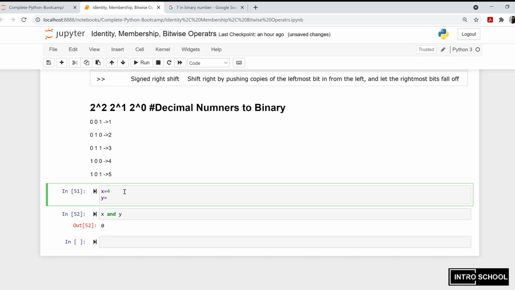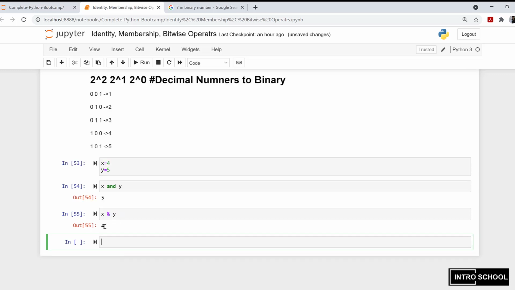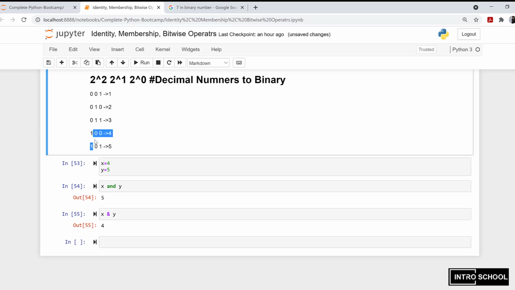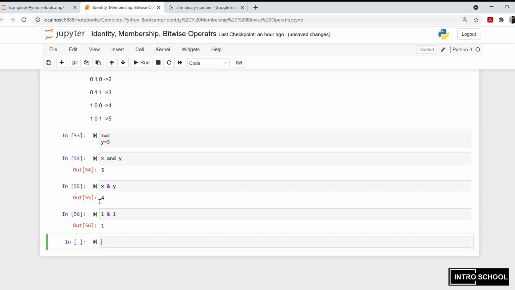Now I'm again keeping my y as 5. If I do the bitwise operation, x and y, with the and operator symbol, I get my answer as 4. It is comparing bit by bit. So 4 and 5: 1 is compared with 1, and 1 and 1 is always 1.